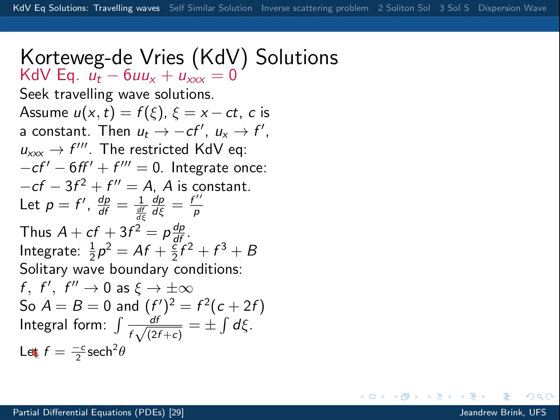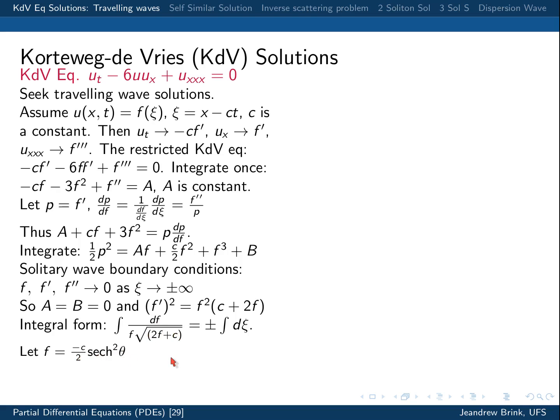So let f be equal to sec squared, and the reason is we want to get rid of the square root. If we make this assumption and work out the consequences, we have to work out what df is to replace that, and we're also going to work out what the square root is.